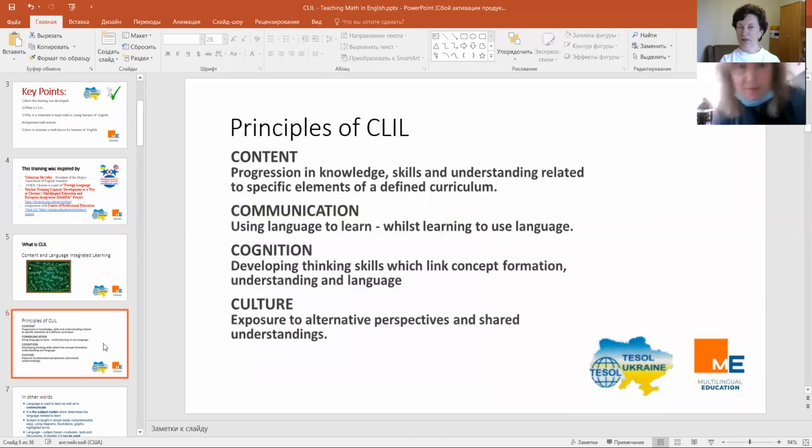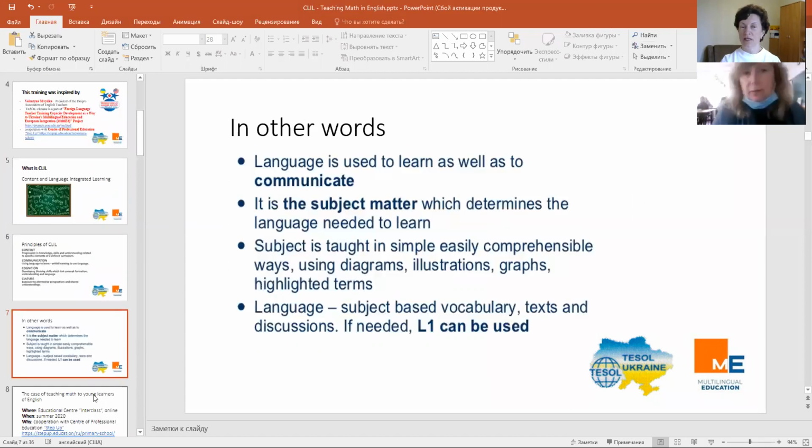So the basic principles of CLIL are content, communication, using language to learn, cognition, we develop thinking skills, and finally, we try to incorporate culture into our teaching. So in other words, when we teach using CLIL principles, we use the language to communicate. We communicate all the time.